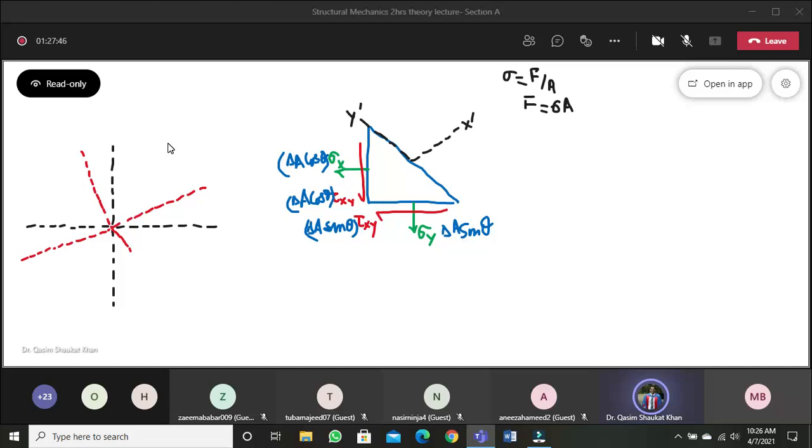Just a moment, please. This is your y dash axis. This is your x dash axis.